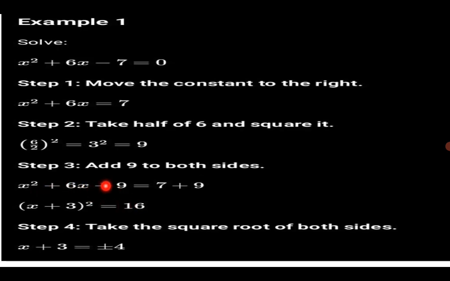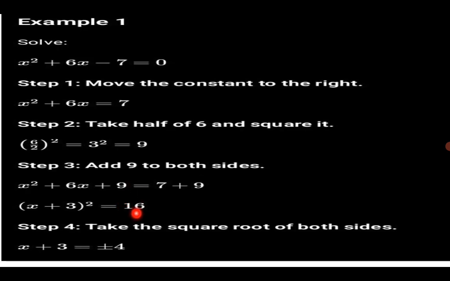Then you factorize this. x squared plus 6x plus 9 will give you two similar brackets, which when you combine will give you a perfect square. This is the perfect square. Then take the square roots of both sides. Taking the square root of this side will give you x plus 3.